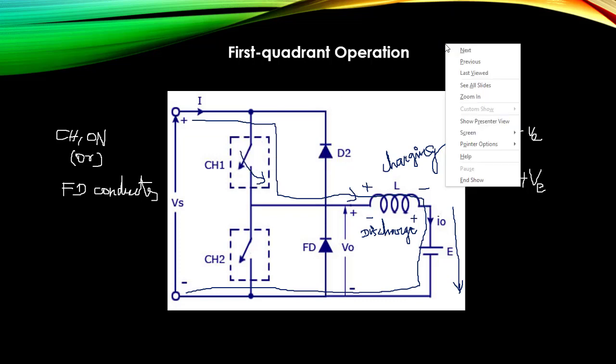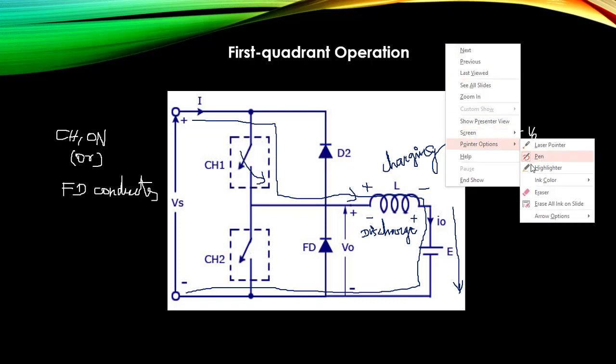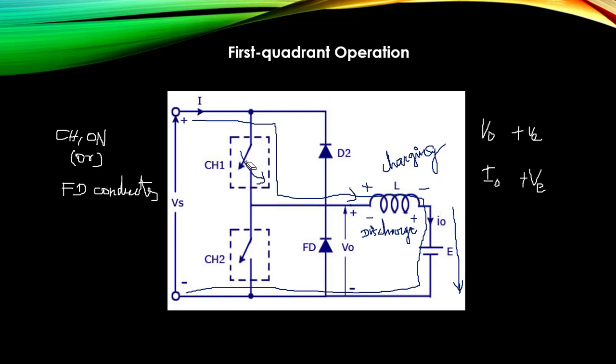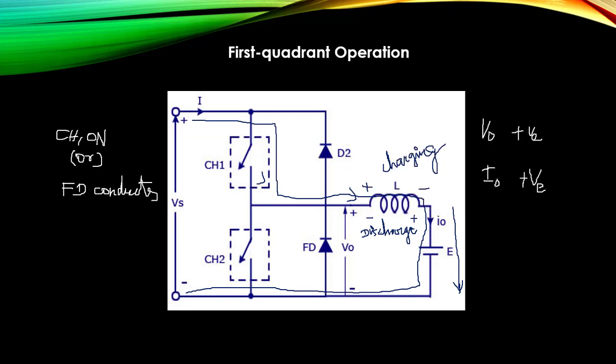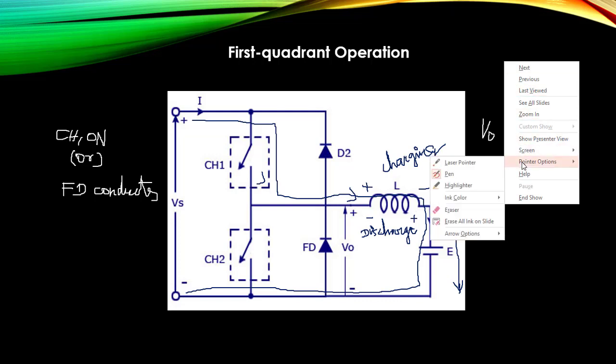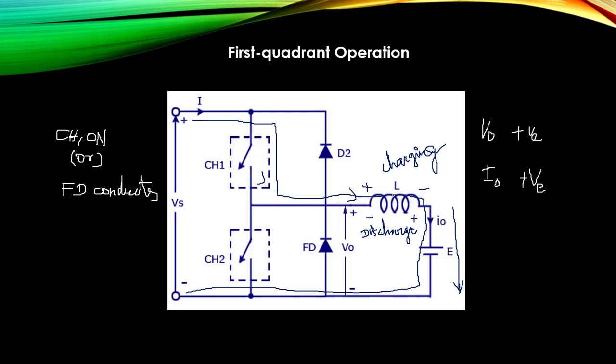Now let us turn off this switch. Then what will happen? This inductor will discharge by changing its polarity like this.